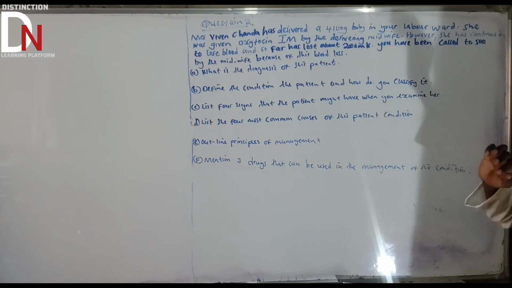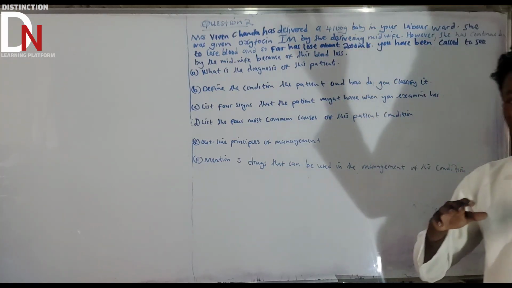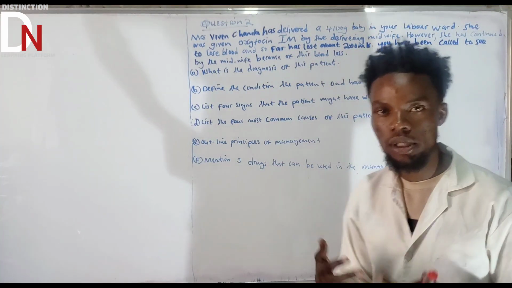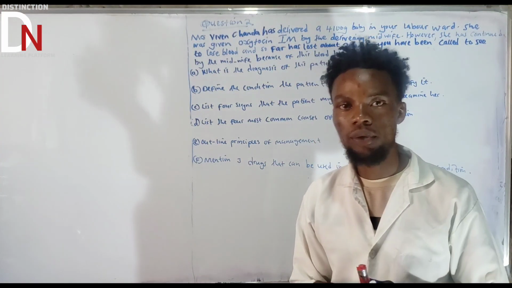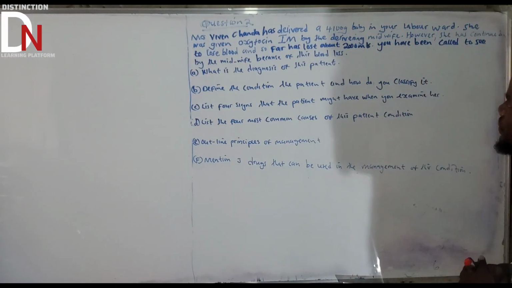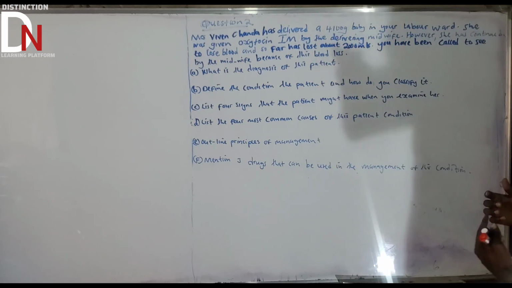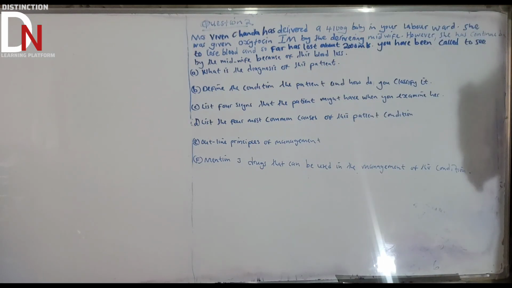Okay, before going any further, let's go to the question. If it is not clear, I'll be reading it so that you hear whatever the case is all about. Mrs. Vivian Chanda has delivered a 4,100 gram baby in your labor ward.